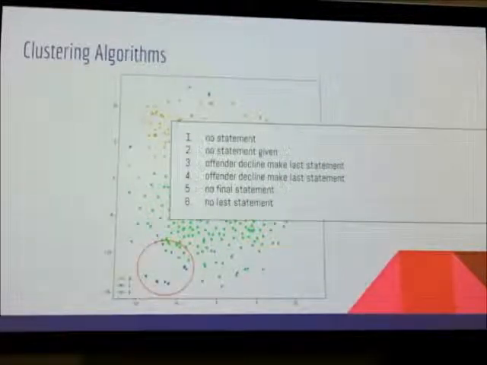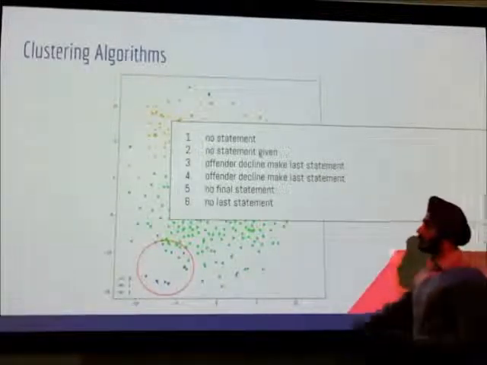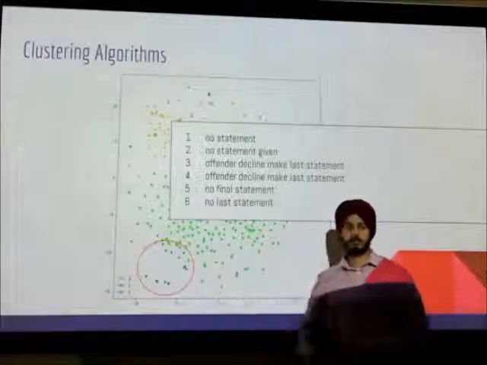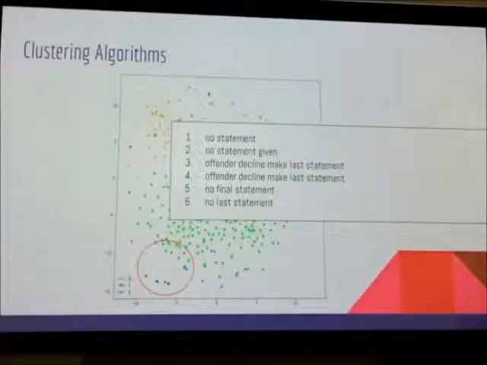To give some insights into the results, when we visualize them, this smaller cluster we got is the statements where the offender declined to make any statement, or where no statement was given by the offender. So it means the clustering algorithm has grouped the similar documents together.